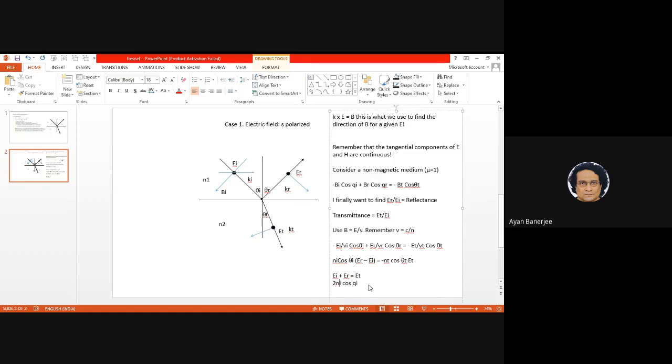It will become 2 Ni cos theta I equals ET times (Nt cos theta I plus Ni cos theta T), right?